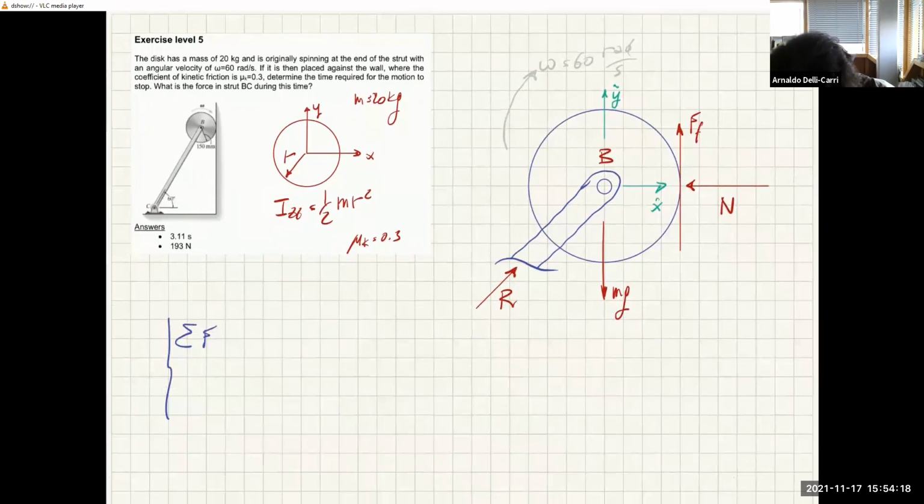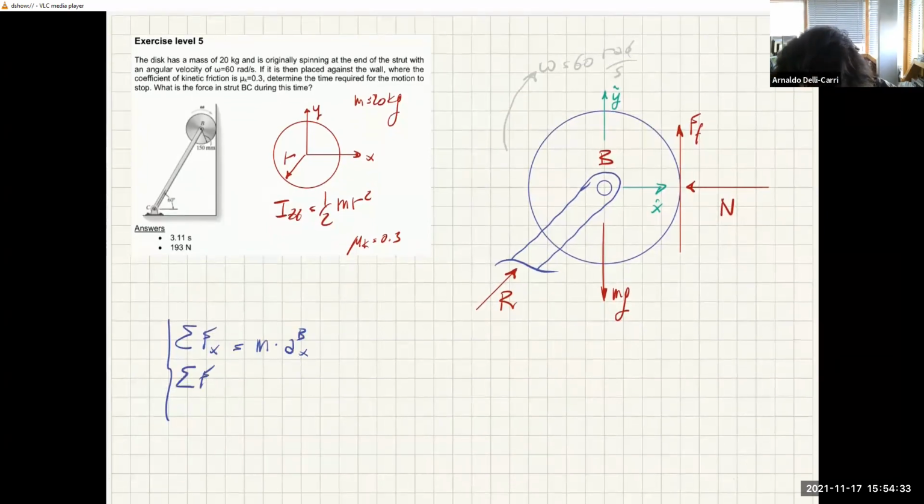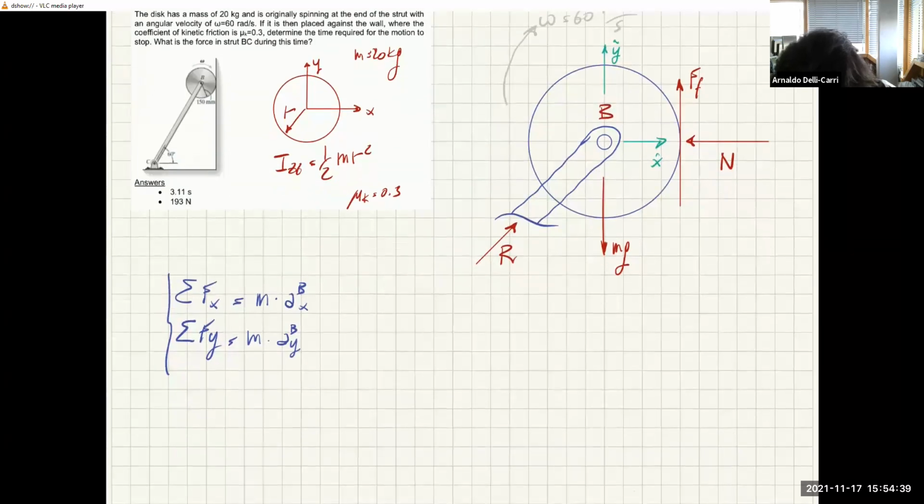And so I know that the sum of forces along X is mass times the acceleration of B along X, because B is the center of gravity of the disk. The sum of forces along Y is the mass times the acceleration of B along Y. And finally, the sum of moments around B is I_B times alpha.